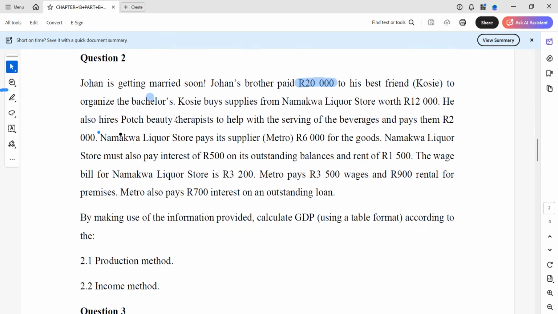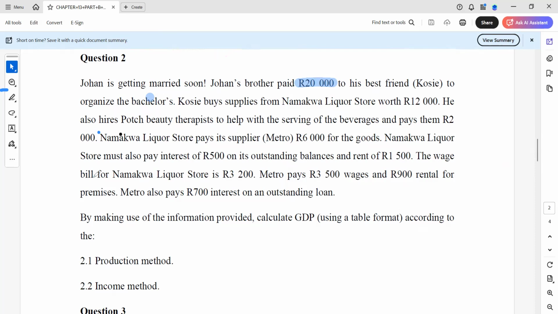He also hires Posh Beauty therapists to help with the serving of the beverage and pays them 2,000. Namaqua Liquor Store pays its supplier Metro 6,000 for the goods. Namaqua Liquor Store must also pay interest of 5,000 on its outstanding balance and a rent of 1,500.